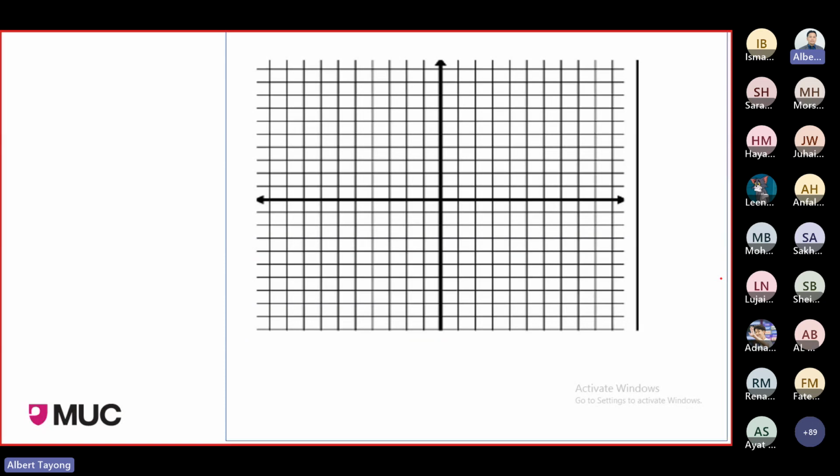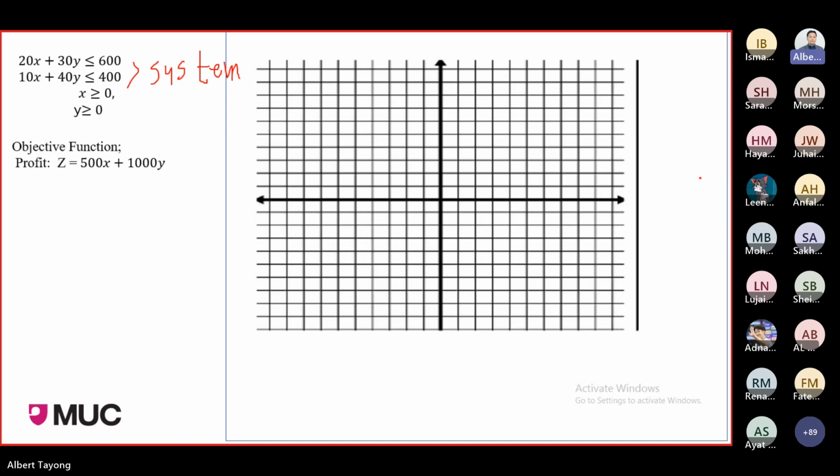So, of course, we have also linear programming. We will be giving you this system. This is the system. And of course, the objective function will be given. This one is by default, that our x and y should be 0 and above because we don't have any negative values here.